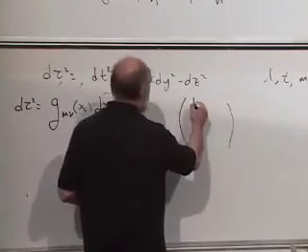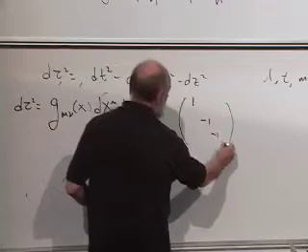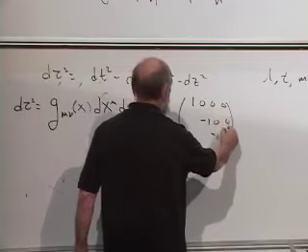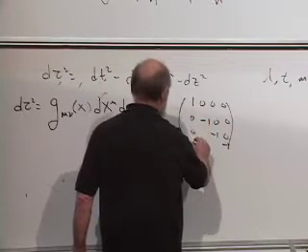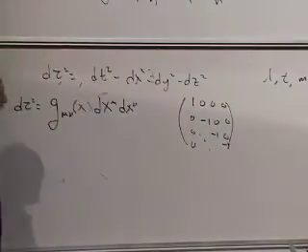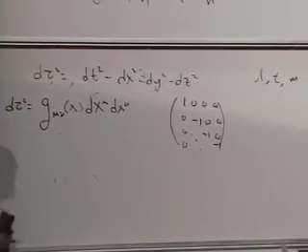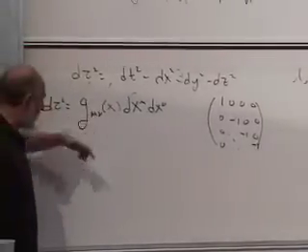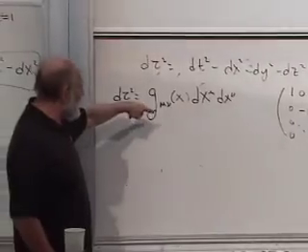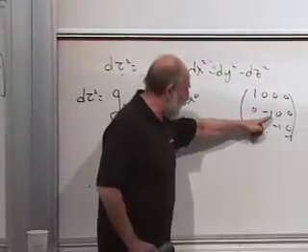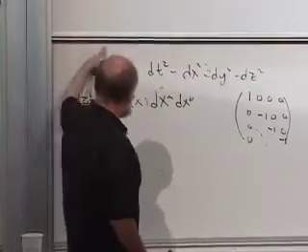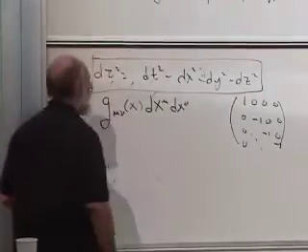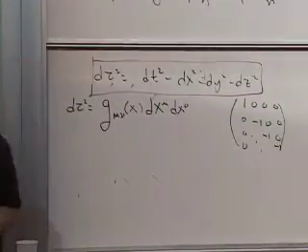It's a 1 and 3 -1s, with all zeros elsewhere. So a special case of a metric tensor, of a formula like this, would be where g mu nu was simply 1, -1, -1, -1, in which case you would reproduce the usual Minkowski proper time.